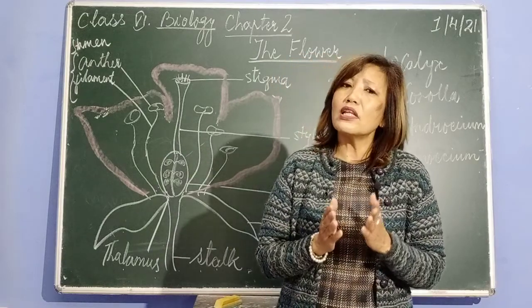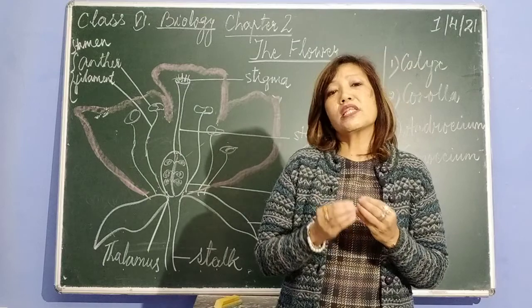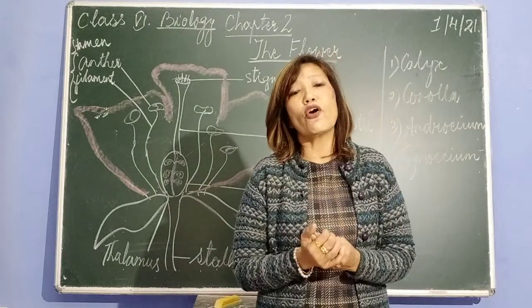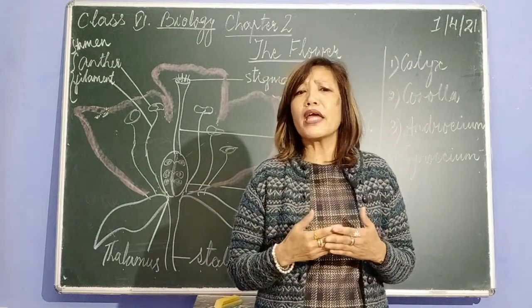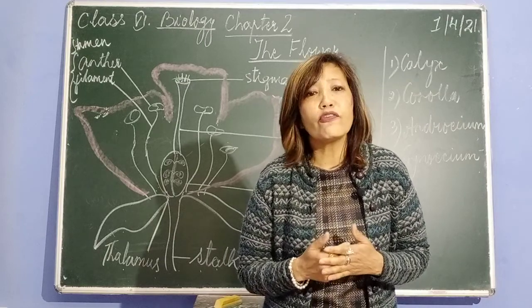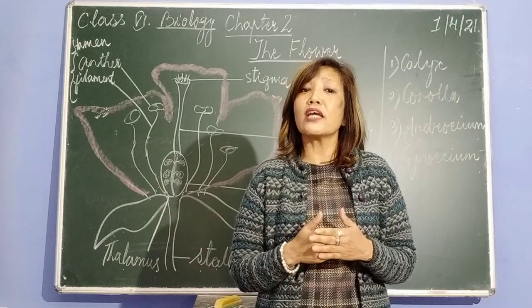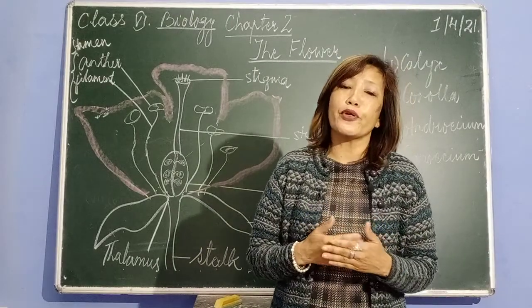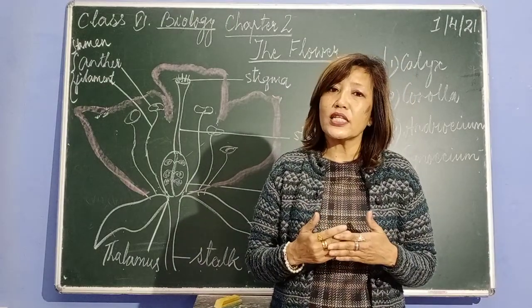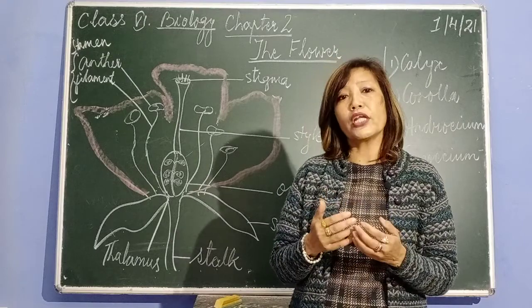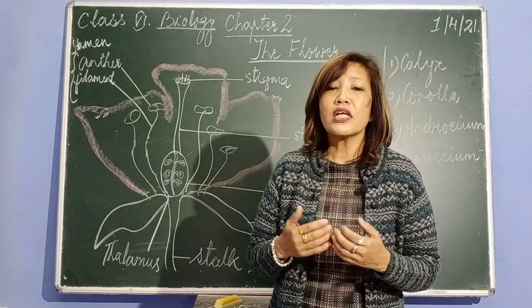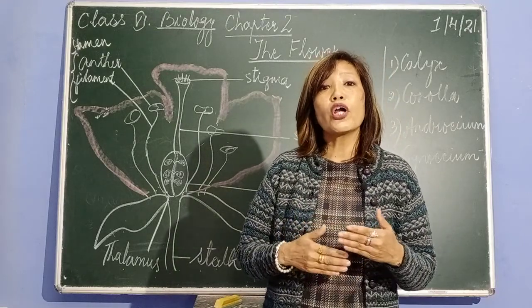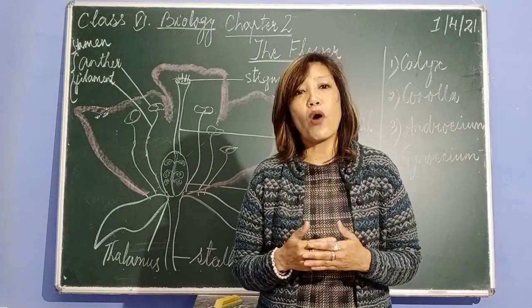Now, about the living organisms, if you see the characteristics of the living organisms, then one of the main characteristics of a living organism is they reproduce. Now, what do you mean by the term reproduction? Reproduction is the process by which the living organisms produce the young ones.